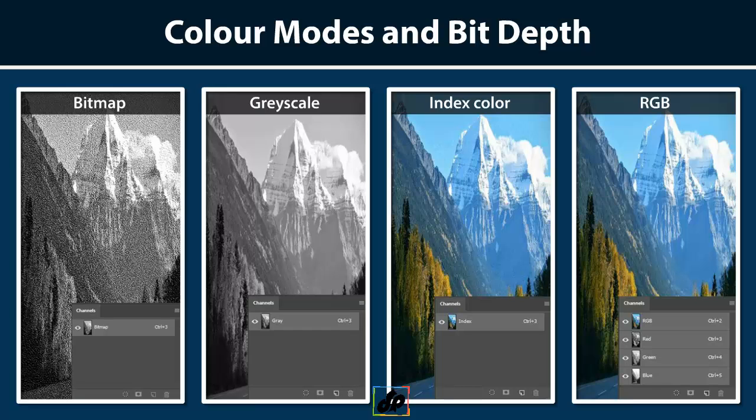So, if we multiply 65,000 times 65,000 times 65,000, we can imagine that literally, trillions of colors are available to us to work with. However, it's always good to remember that this actually probably exceeds both our ability to perceive color as well as the number of reproducible colors.